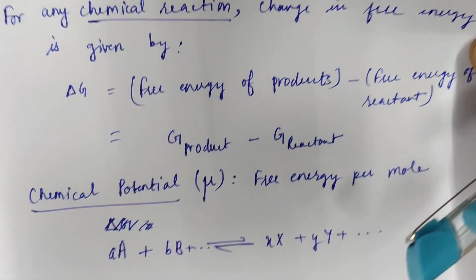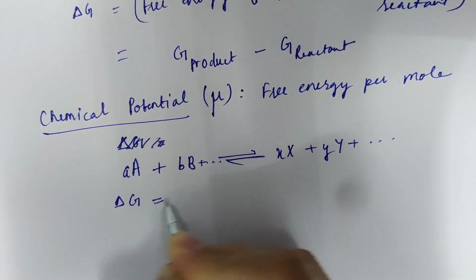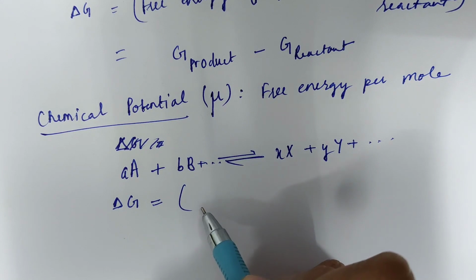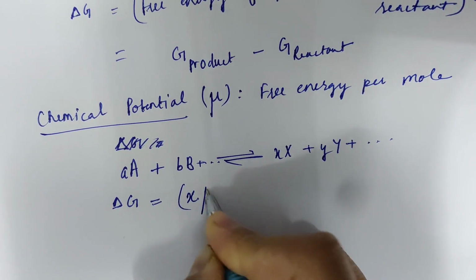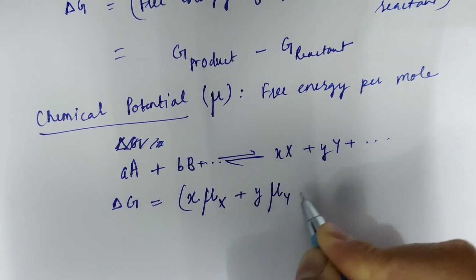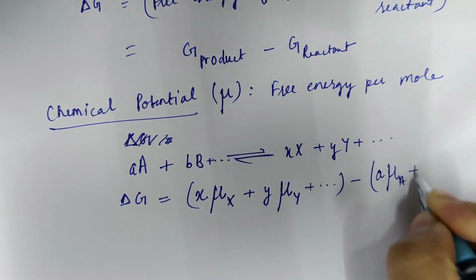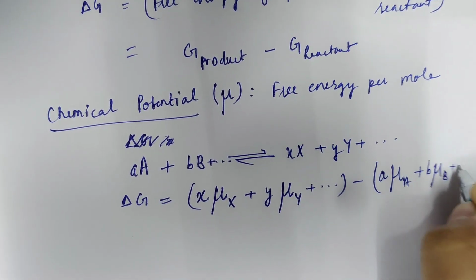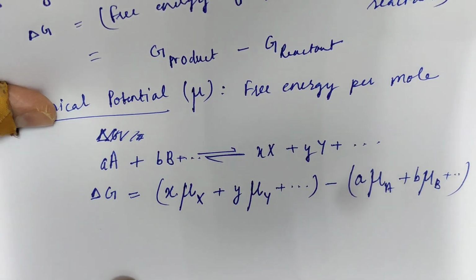Now we write delta G as the Gibbs free energy of products, given by number of moles of X into chemical potential of X, plus similarly number of moles of Y into chemical potential of Y, and so on, minus number of moles of A into mu of A plus B mu of B plus so on.